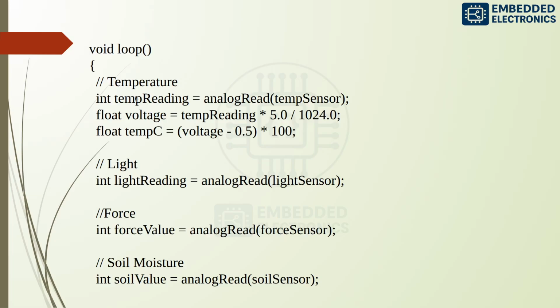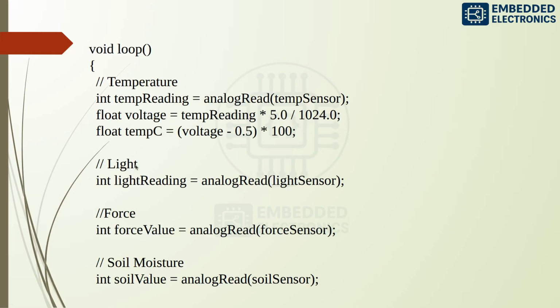Here you can see temperature reading equals analogRead of the temperature sensor. It reads the value and converts it to temperature in degrees Celsius. It first finds the voltage value using the temperature reading, then converts it into temperature in degrees Celsius.